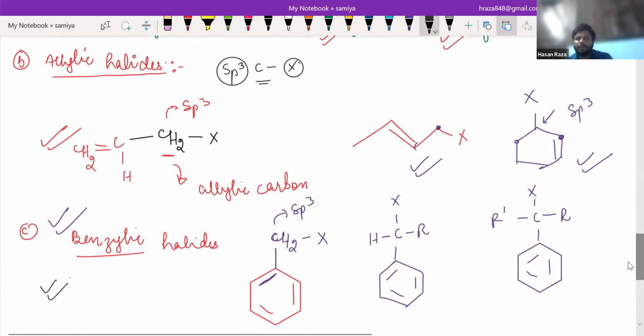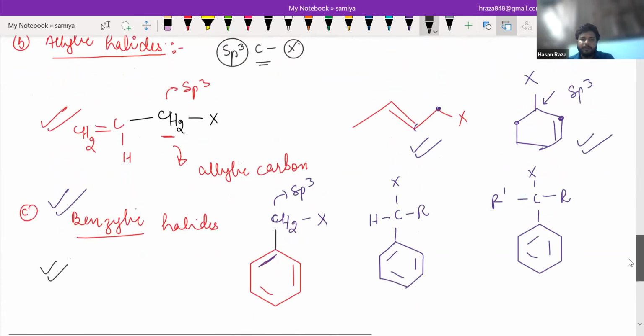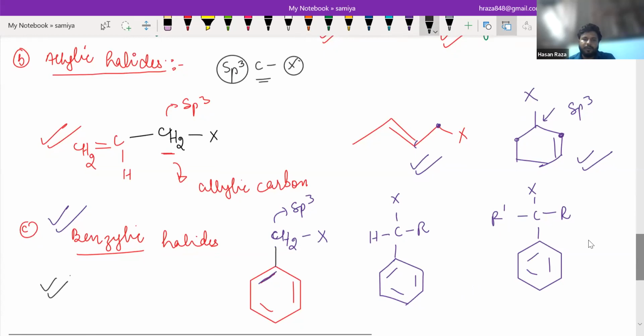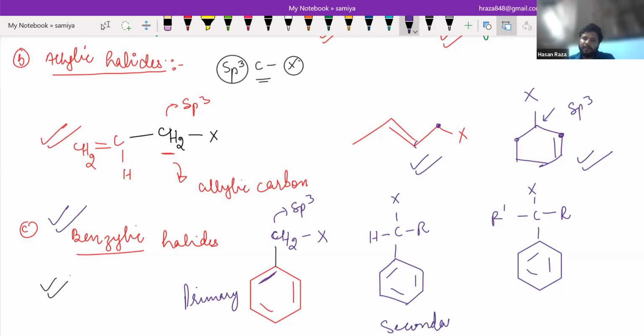Very good. Darshan, you are also done, right? Madhya, this will be primary. This will be secondary, everyone. And this will be tertiary, right? Very good.